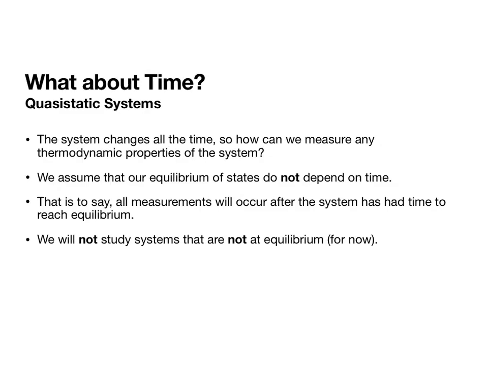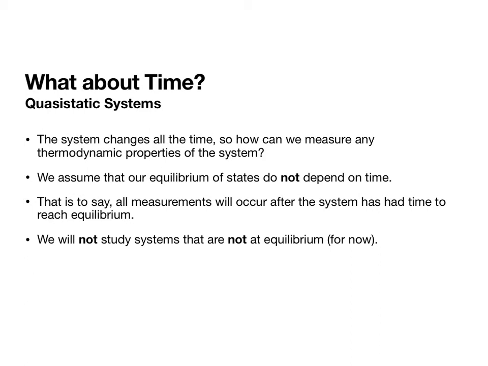So in all of our talk, all semester, we have been ignoring time. And we're going to continue to ignore time. And we're going to justify our ignoring of time by defining our systems as quasi-static systems. So what do I mean?